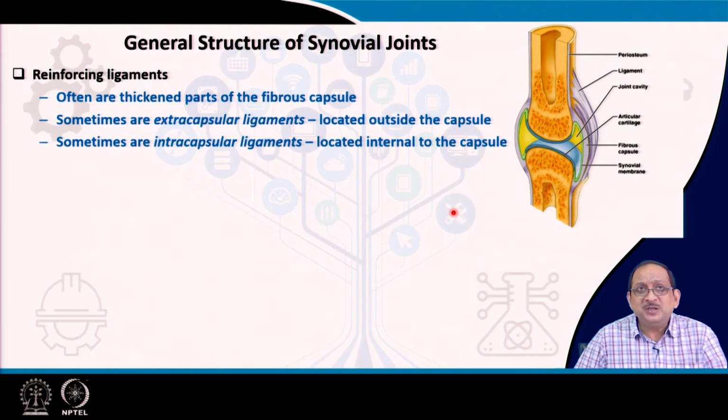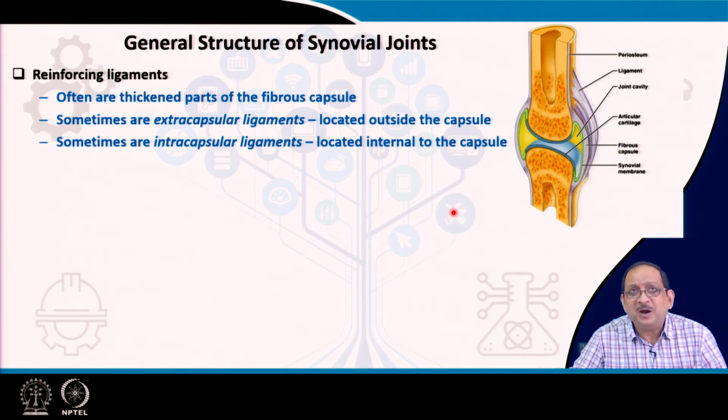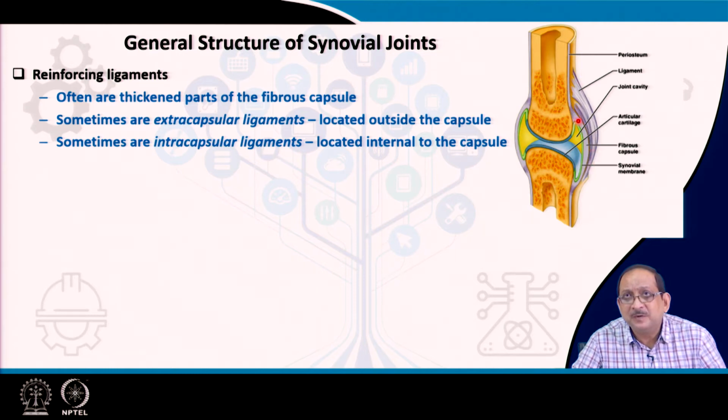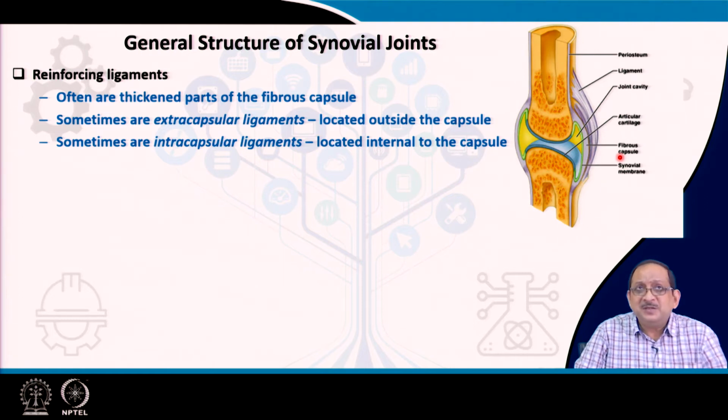The reinforcing ligaments often are thickened parts of the fibrous capsule, which is indicated here. Sometimes these ligaments are extracapsular ligaments located outside the capsule, and sometimes there are intercapsular ligaments located inside the capsule.